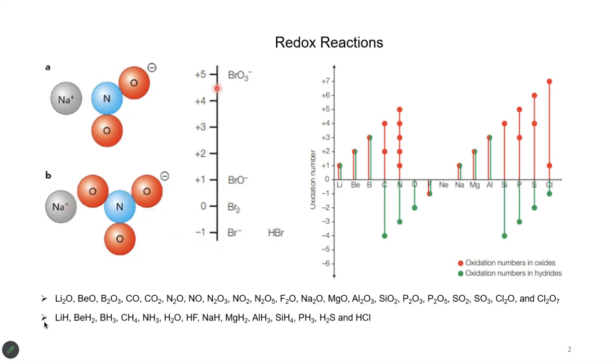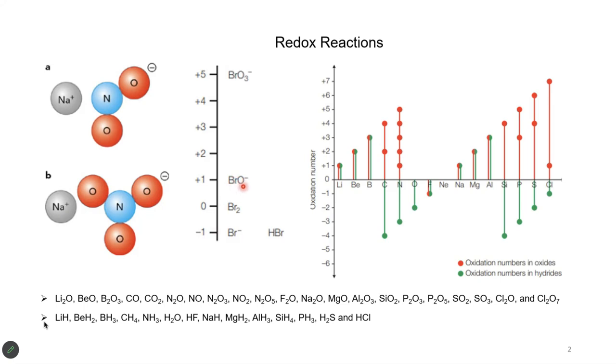Next one is the oxidation state of bromine. We can see bromine can have very many oxidation states. So elemental bromine, we know it has oxidation state 0, but in bromide ion, in a compound like hydrogen bromide, bromine has an oxidation state of -1.